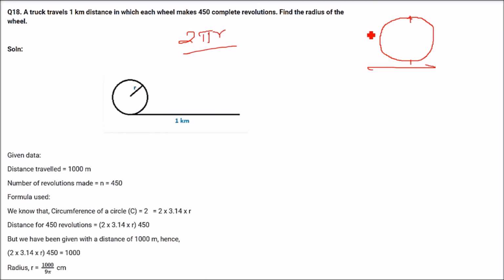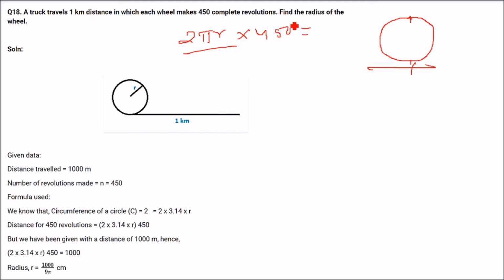This is the circumference: if this is the ground, it will go up and come down. So for one complete circle, the size is 2 pi r, and for 450 complete revolutions it is 2 pi r into 450.